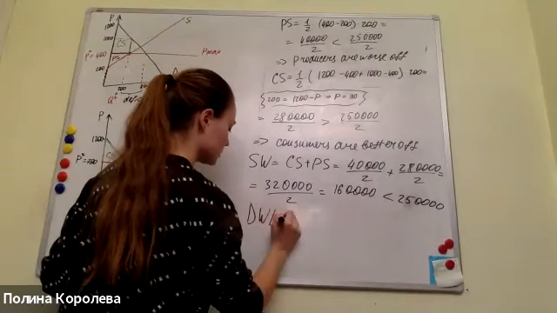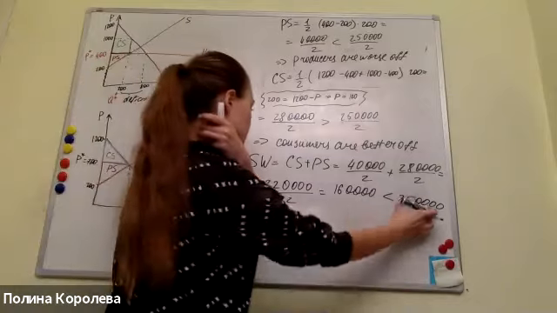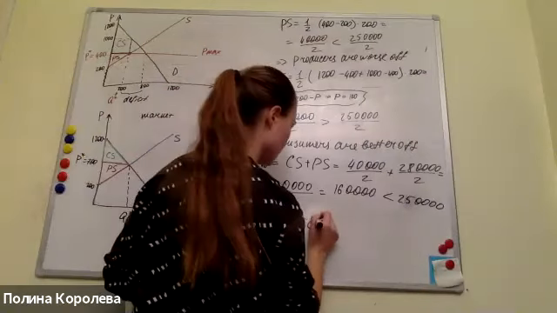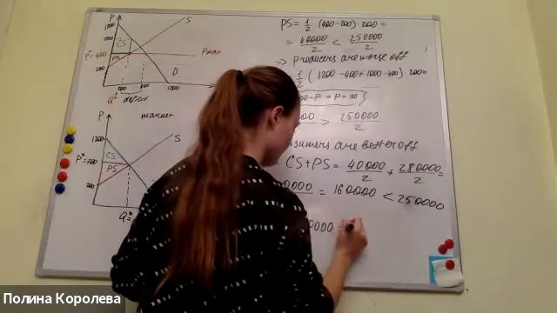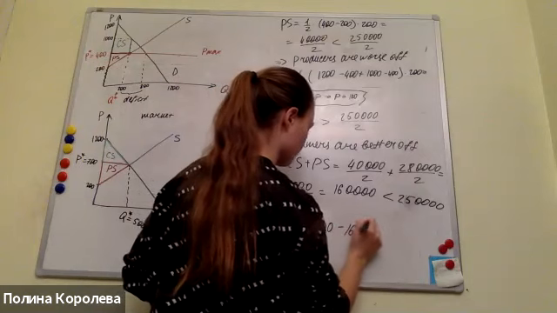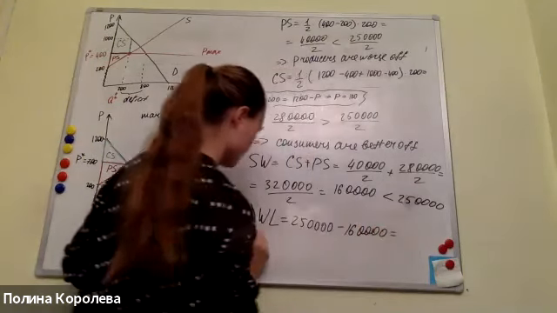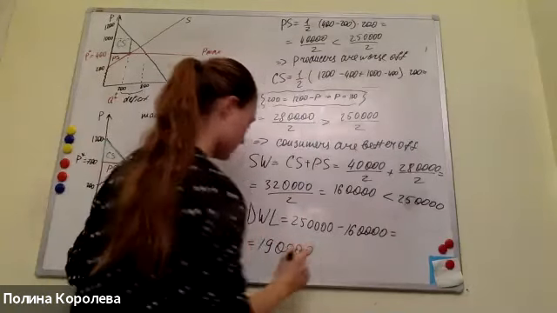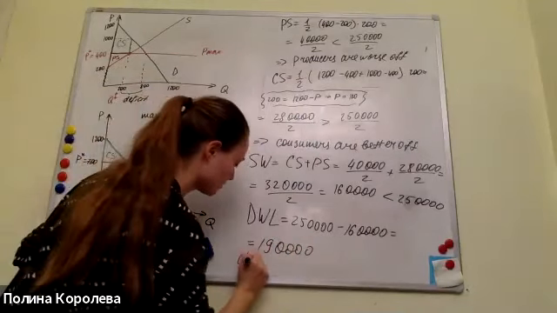So deadweight loss equals this difference. 90,000? Yes, yes. This is the deadweight loss.